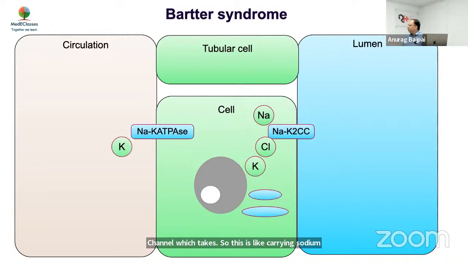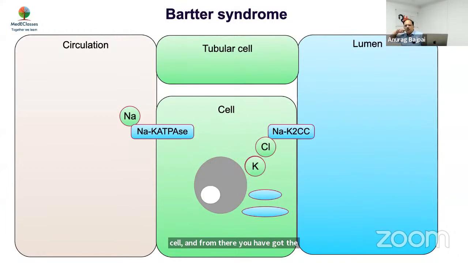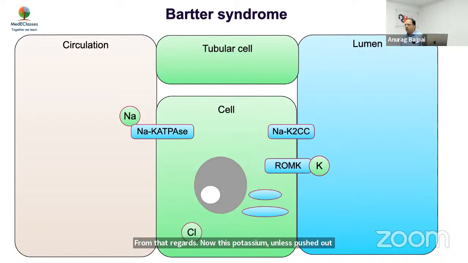From there, you have the sodium-potassium ATPase, which allows exchange of potassium. So you are absorbing sodium while exchanging with potassium. Now, this potassium is pushed out via the ROMK channel into the lumen. And the chloride is pushed out via specific chloride channels, ClC-Ka and ClC-Kb.